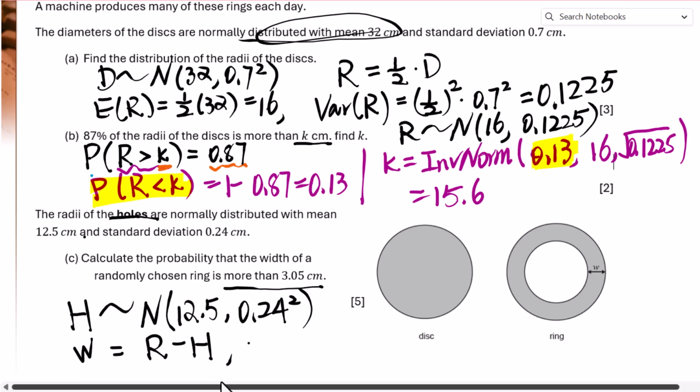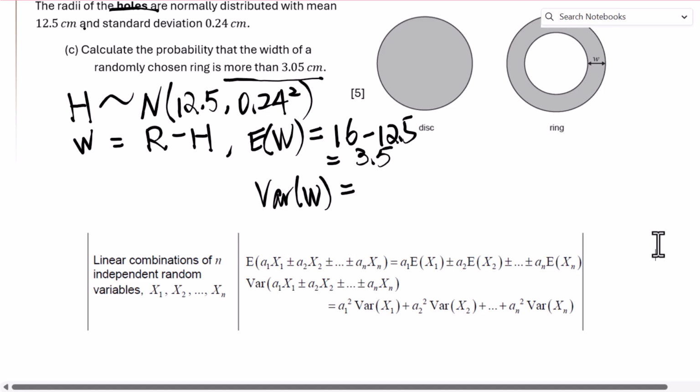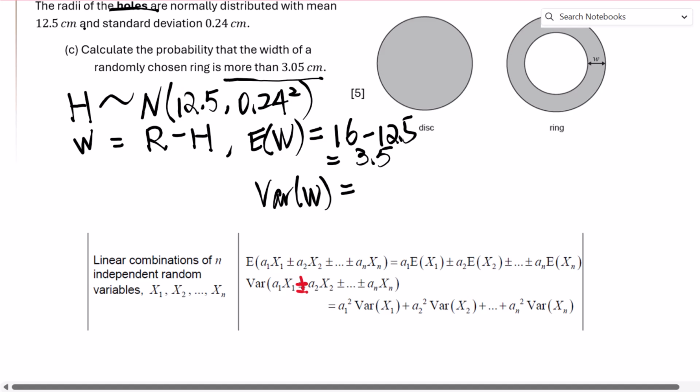So we get E of W equals 16 minus 12.5 equals 3.5. Variance of W equals, we will use this formula, plus or minus, we will change into plus. The coefficient of R is 1, the coefficient of H is 1.